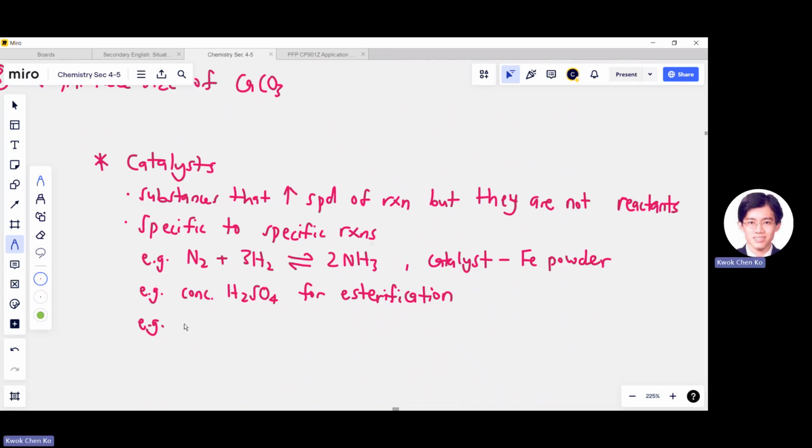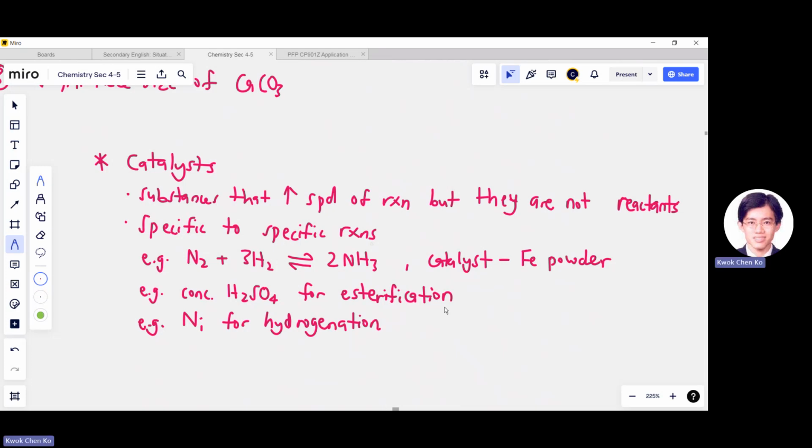The other one you need to know is nickel. This kind of reaction, hydrogenation.